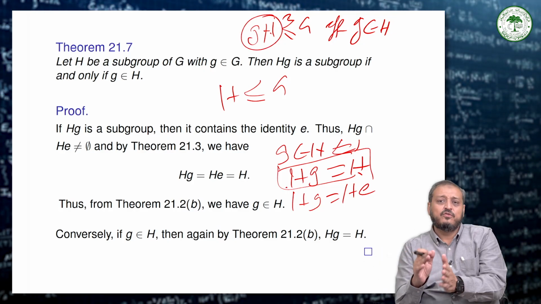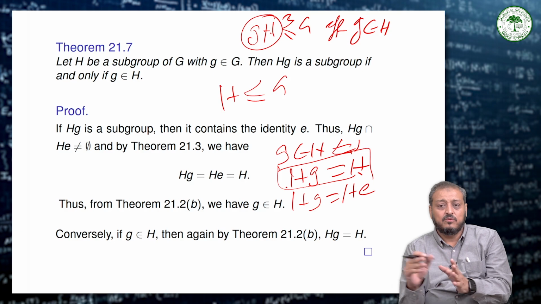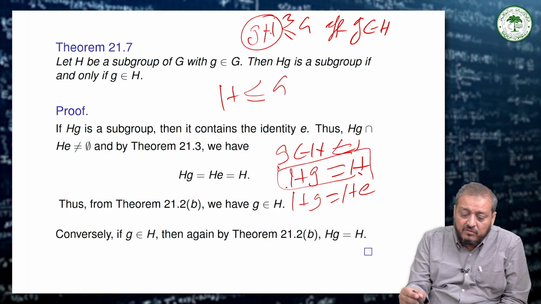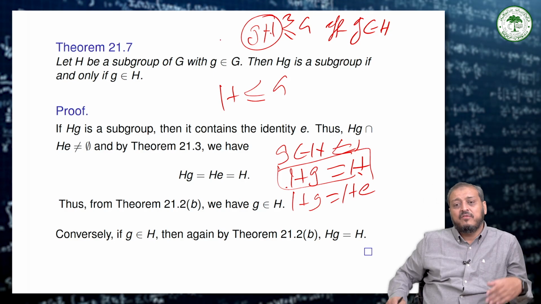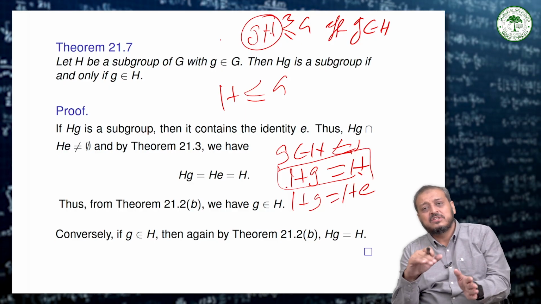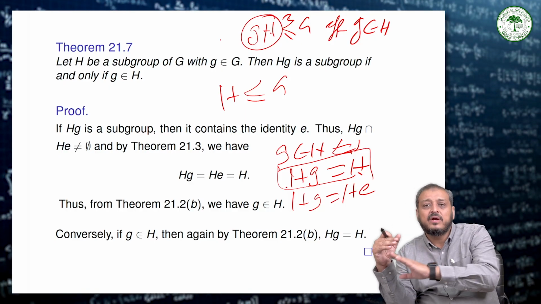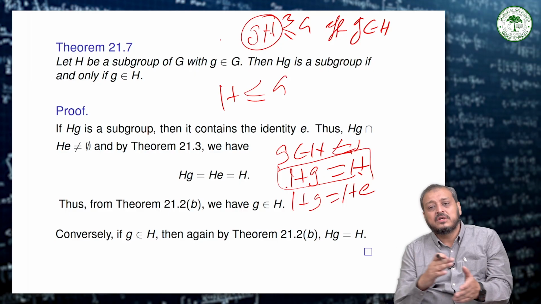Again, if the result holds for a right coset, then automatically it holds for a left coset also.